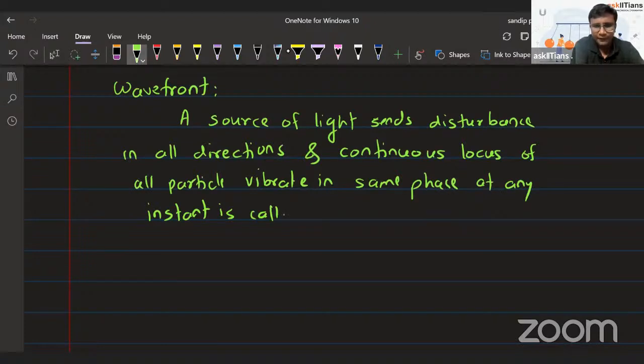It's called a wavefront. It's called wavefront, right?